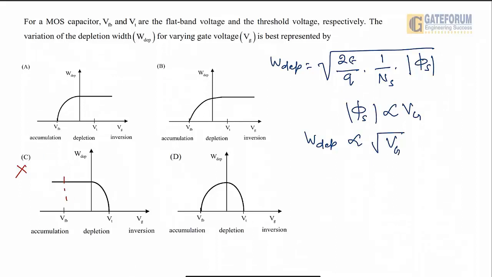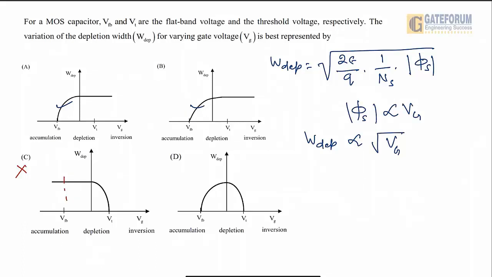Now, this depletion region is varying with the gate voltage in a non-linear relation, as a square root, and that is the reason in options A and B, if you compare this part and this part, it is saying that if the gate voltage is increasing, then the depletion region magnitude will be lesser because of this square root. So that is the reason compared to A, B is the rightmost option here.